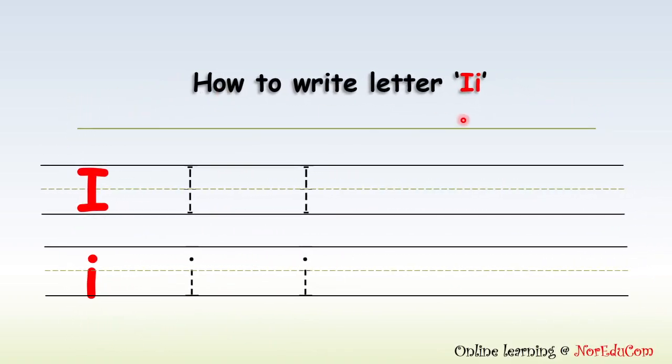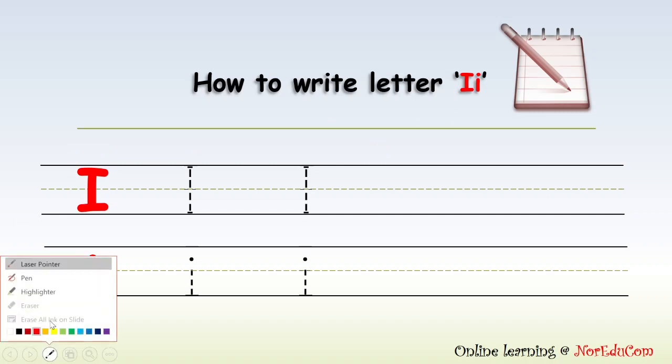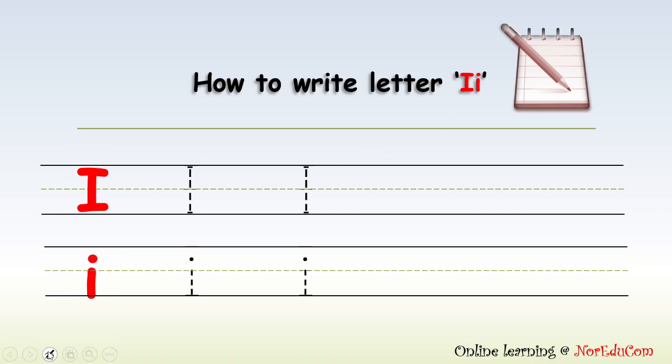Now, how to write letter I? Please make sure you have a pencil and a notebook with you now. Let's start with a capital I or a big I. We start at the top and make a line down.